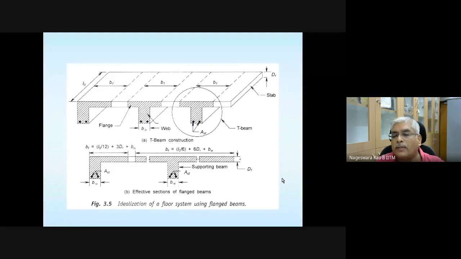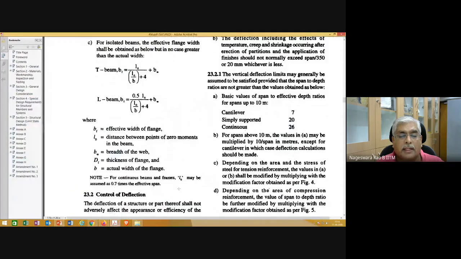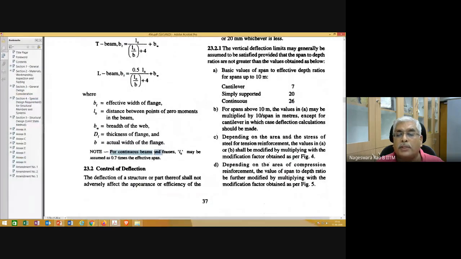So if this beam is continuous over several supports, the code is saying, for continuous beams and frames, L0 may be assumed as 0.7 times the effective span.